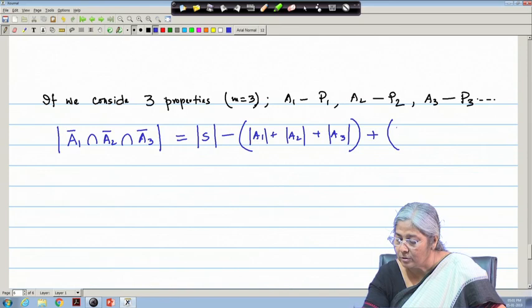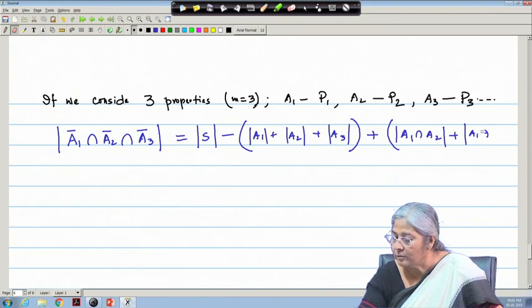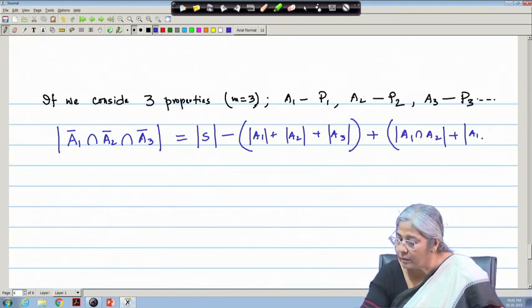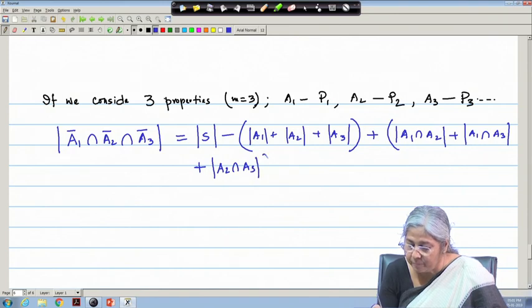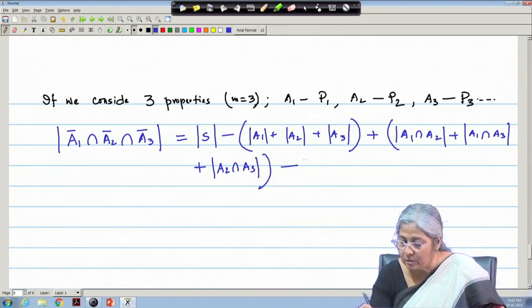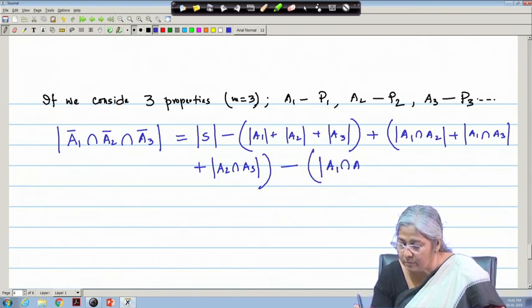So, that means A1 intersection A2, then A1 intersection A3, plus A2 intersection A3, and 3 combinations. So, 3 combinations are A1 intersection A2 intersection A3.